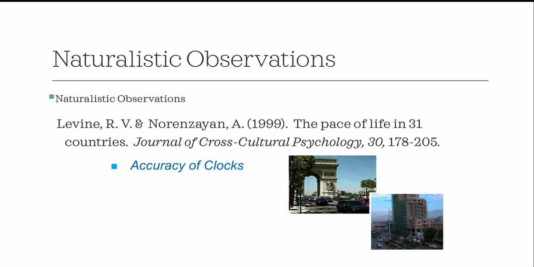Now, in some countries that he or his assistants went to, the clocks were completely accurate. Like Switzerland, they were down to the second. Every clock was exactly synchronized. There are some places in Africa where they didn't even have clocks. And in my cities, Prague and Budapest, there were some clocks, but they were a little bit off.